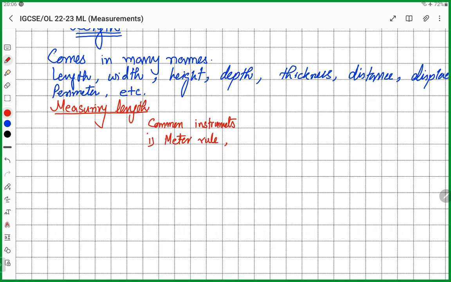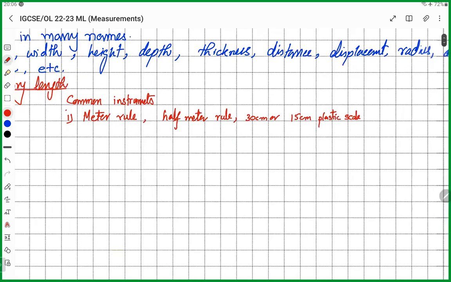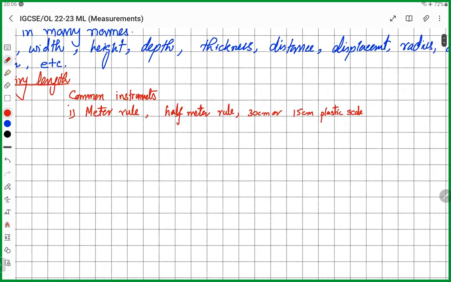A meter rule can also be a half meter rule, 30 centimeter or 15 centimeter plastic scale. They are all the same things. Why are they the same? Because they all measure length.